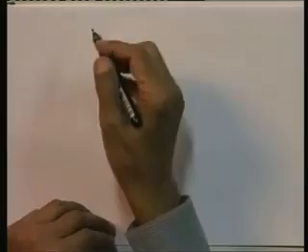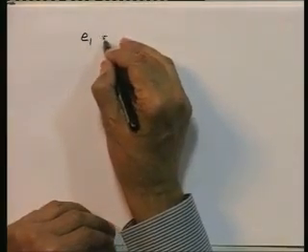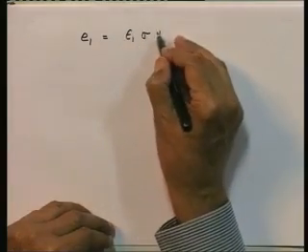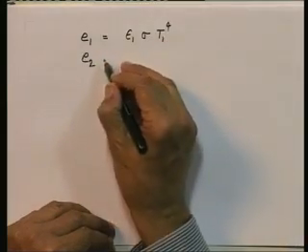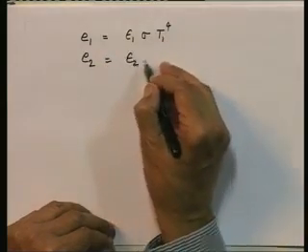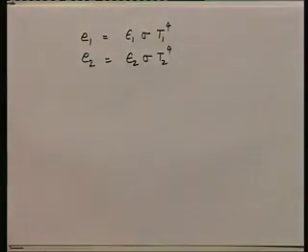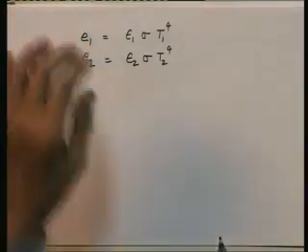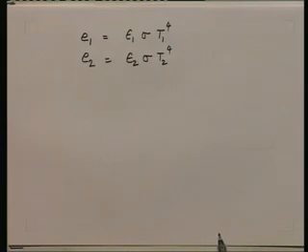Before I do that, let me first of all state, from the Stefan-Boltzmann law, the emissive power of surface 1 is epsilon 1 sigma T1 to the power 4, and the emissive power of surface 2 is epsilon 2 sigma T2 to the power of 4. Okay. So, I will keep on writing E1 and E2 for some time. Right at the end, I will substitute these expressions for E1 and E2.